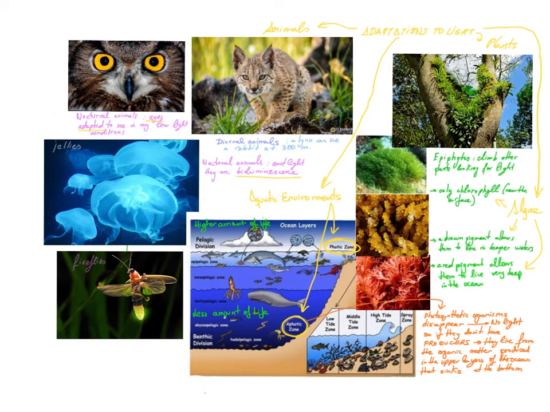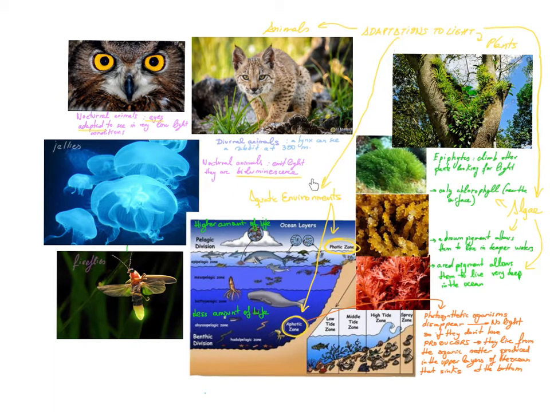Brown algae have a brown pigment that allows them to live in deeper waters. And red ones have a red pigment that allows them to live very deep in the ocean. Green algae need more light, brown algae need less light, and red algae need even less light.